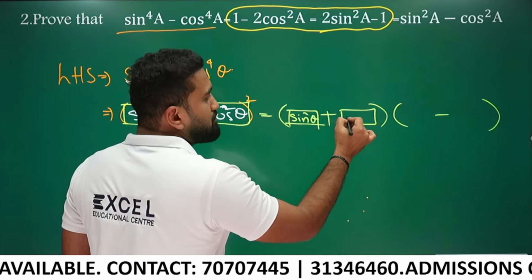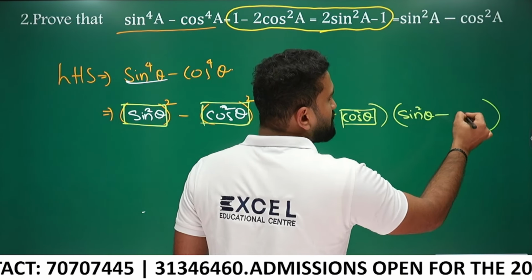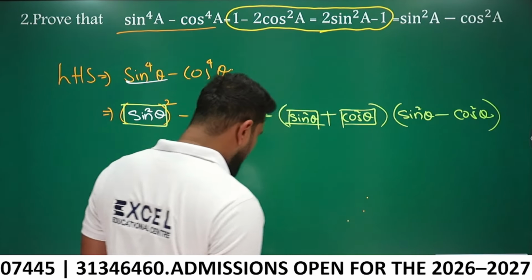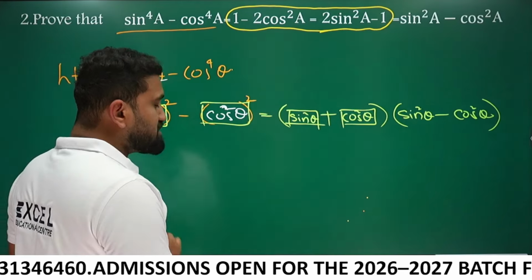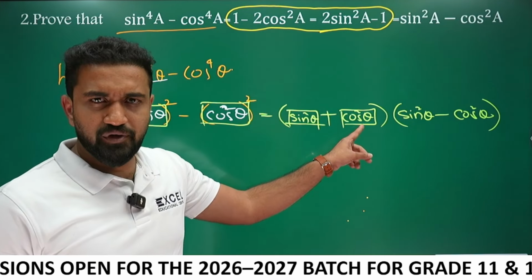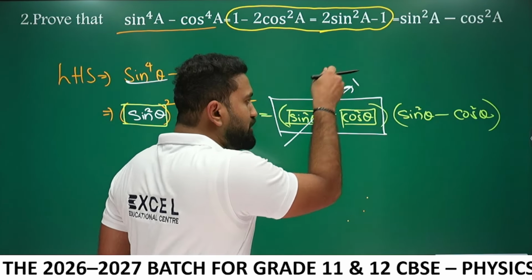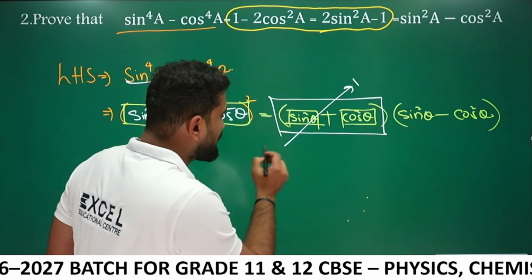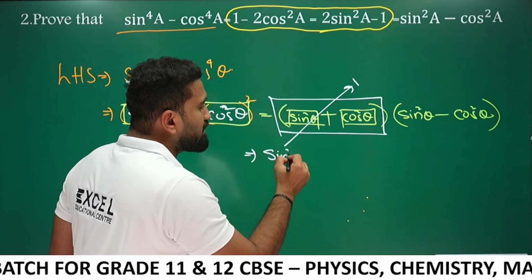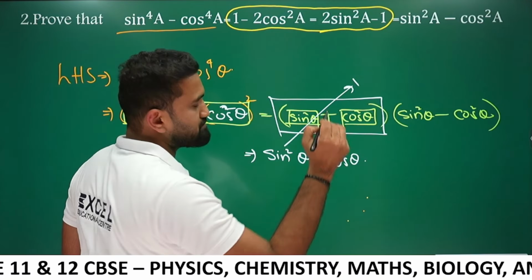Sine square theta plus cos square theta, and the next one, sine square theta minus cos square theta. Now applying the first trigonometric identity, tell me what is the value of sine square plus cos square? This entire value is equal to what? 1. 1 into something, you'll be getting what? Something. So the answer is sine square theta minus cos square theta.